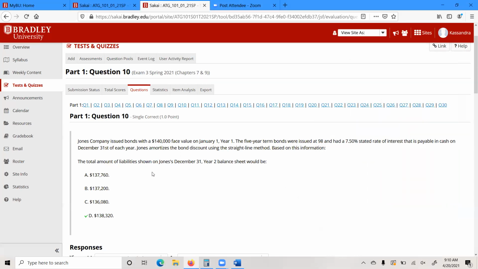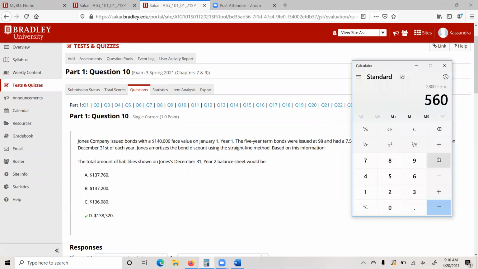So the problem asks us what the amount of liabilities shown on the balance sheet would be at the end of year 2. The problem was actually nice and issued the bonds January 1st, year 1, so there's no partial year calculations to happen for year 1's amortization. And year 2, again, another full year. So we're looking at 2 years of amortization on this bond discount.